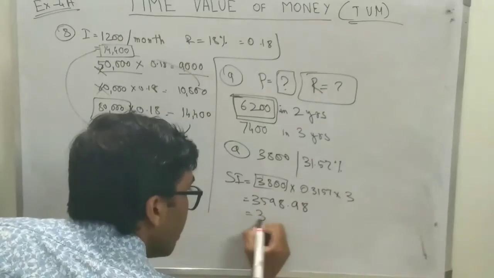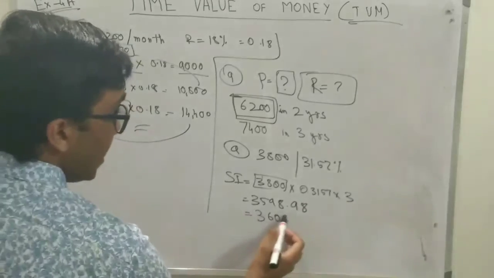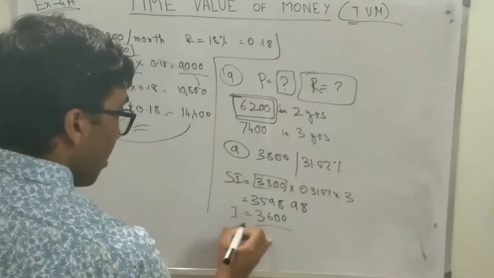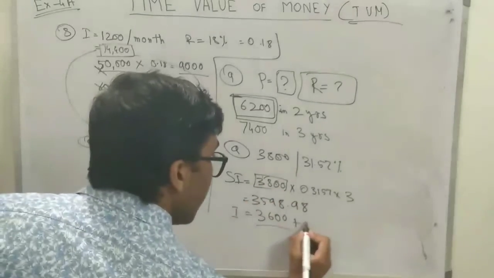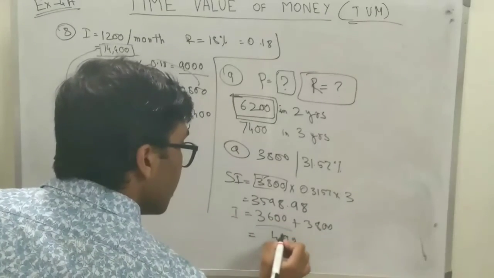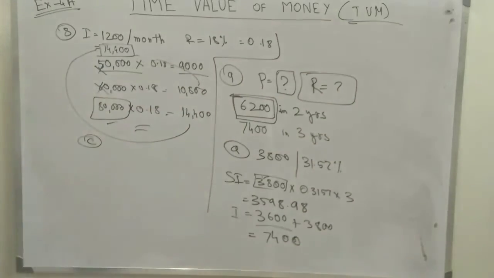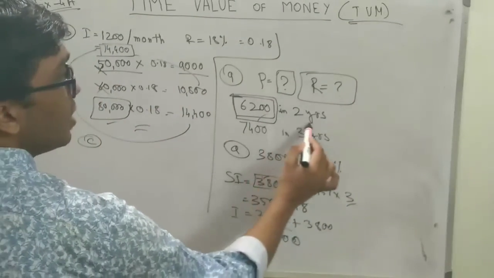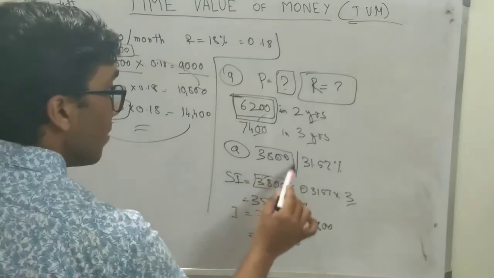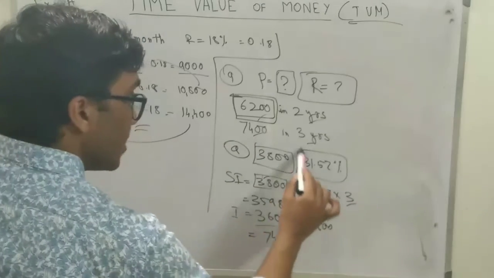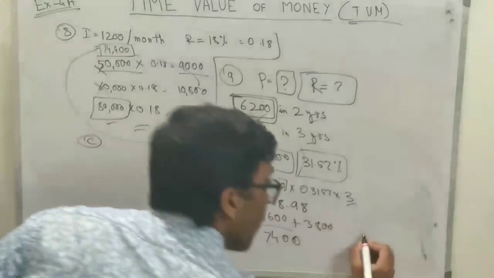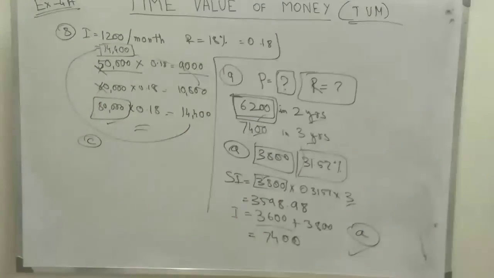If you round it off to 3600, this is the interest amount and this is the principal. That means plus 3800, you will get the accumulated amount, which is 7400 in 3 years. That means 6200 in 2 years is correct, and 7400 in 3 years is also correct if we take the principal as 3800 and the rate of interest as 31.57%. That means option A is the correct option.